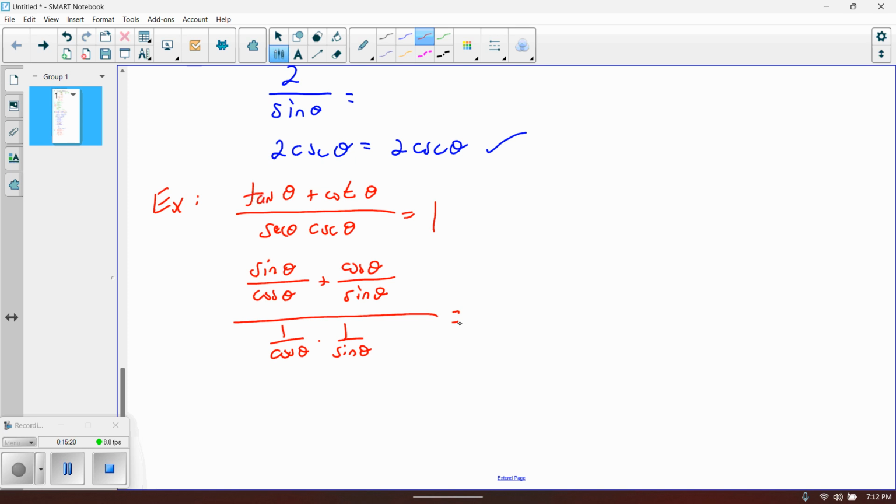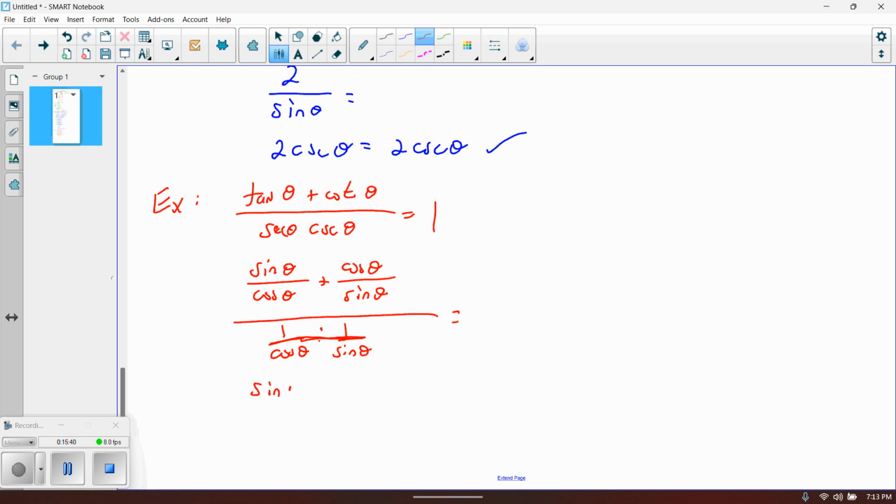Well, the denominator can be written simply as one whole fraction because it's multiplication. So technically, I can just kind of extend that bar, multiplying the ones, just gives me 1 over cosine theta sine theta all in the denominator, which means I can bring that denominator up, flip it over, and multiply.